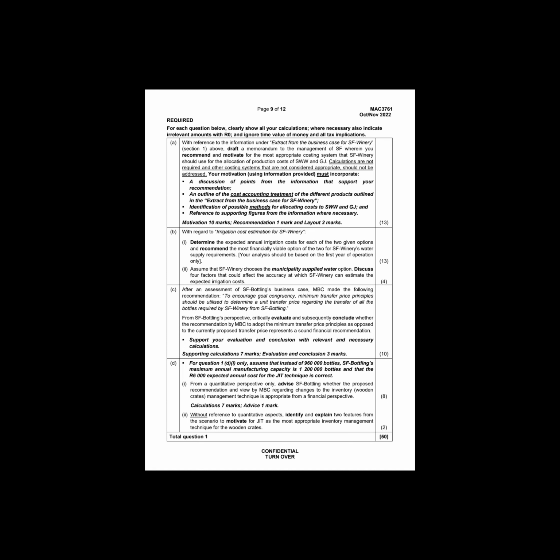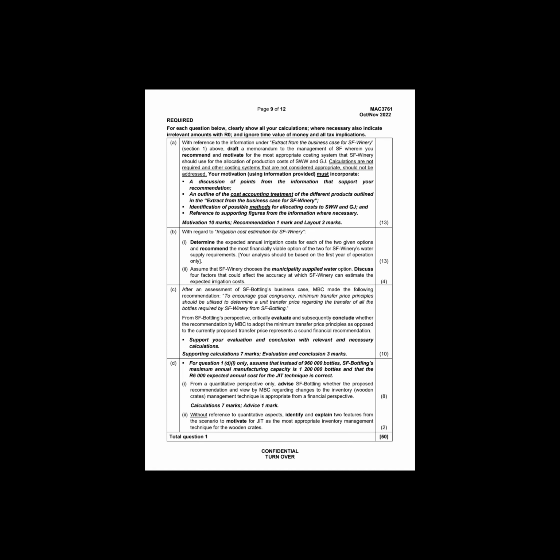And then what I actually wanted us to do now, which we are going to add, because we have a week between today and the next session, so there's enough time. With regard to the irrigation cost estimation of SF Winery, determine the annual irrigation costs for each of the 2 given options and recommend the most financially viable option of the 2 for SF Winery's water supply requirements.